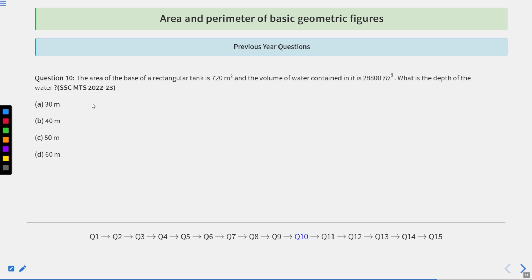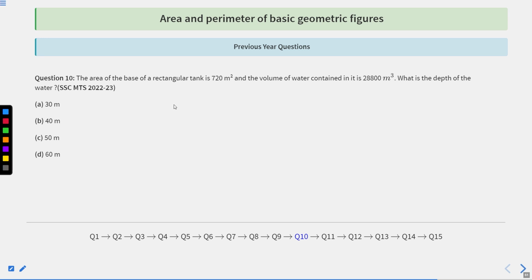Moving on to problem number 10. The area of base of a rectangular tank is 720 meters square and the volume of water contained in it is 28,800 meter cube. What is the depth of the water? So we are provided with a rectangular tank and the area of its base, that is 720 meters square.